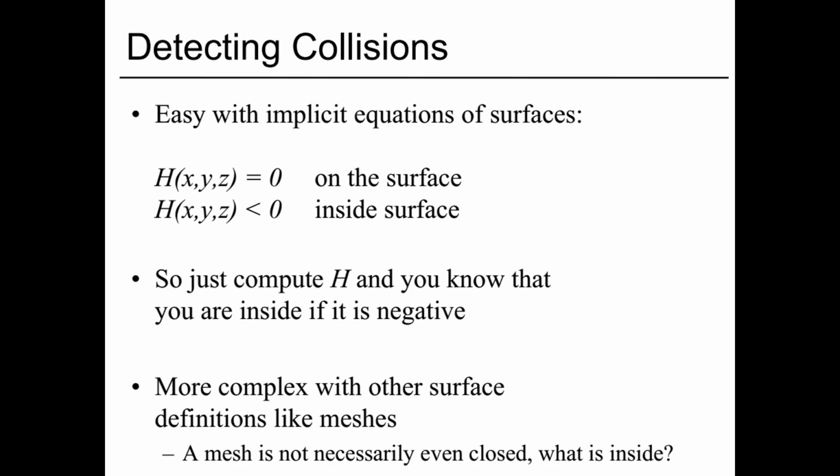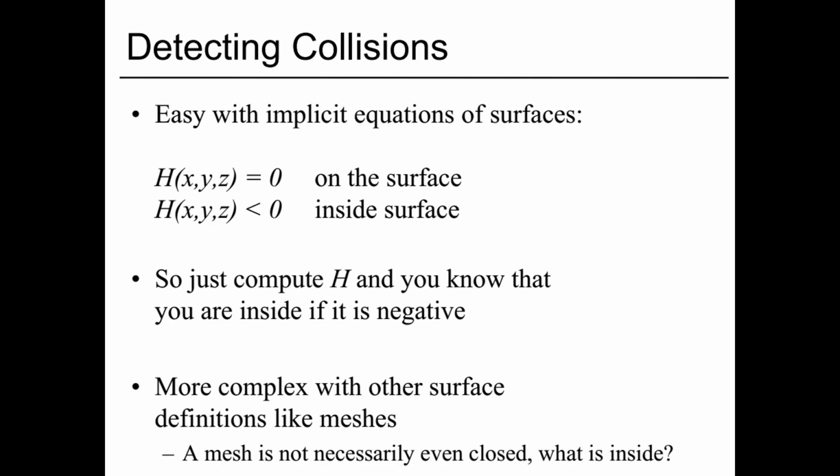So how do we detect collisions? We may define the objects of a scene using implicit equations. As an example, the implicit equation of a sphere would be h(x, y, z) = x² + y² + z² − r² = 0.